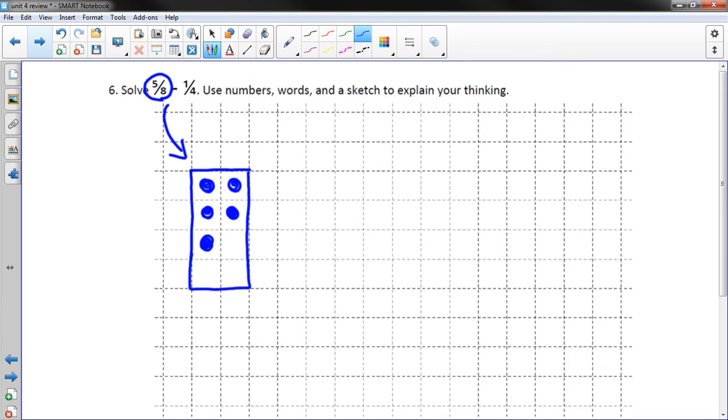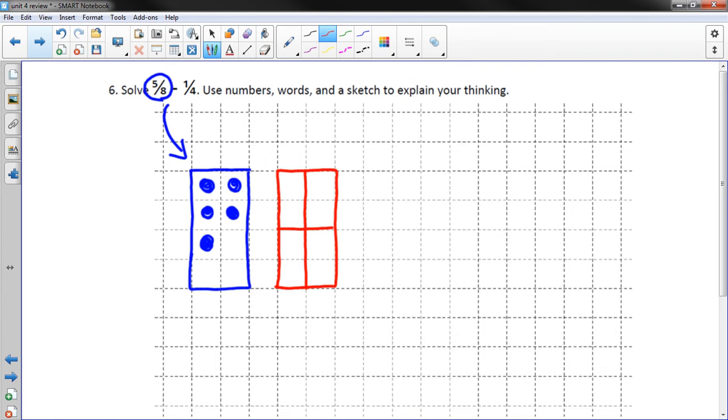Okay, and I'm going to subtract 1/4. Well, what is 1/4 in the world of eighths? So I'm just going to draw another egg carton here. I'm going to cut it into fourths.